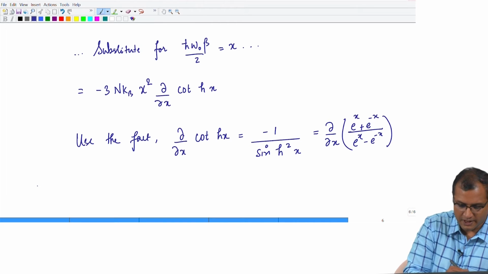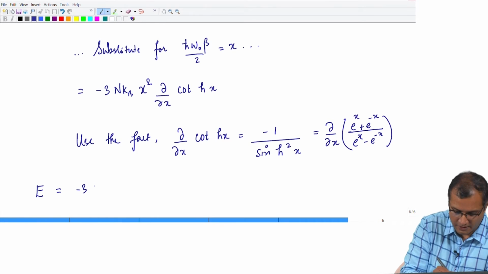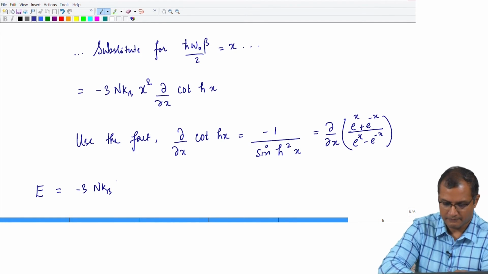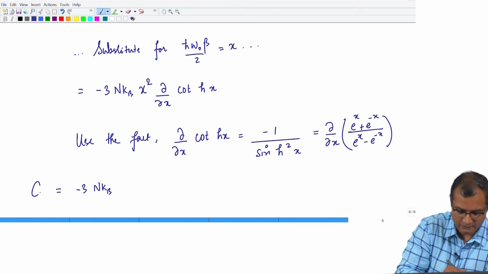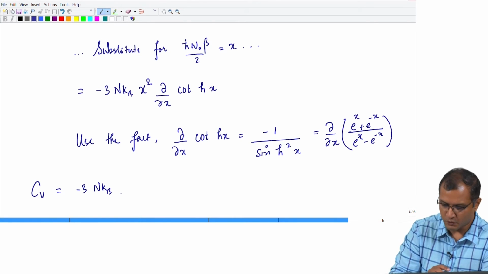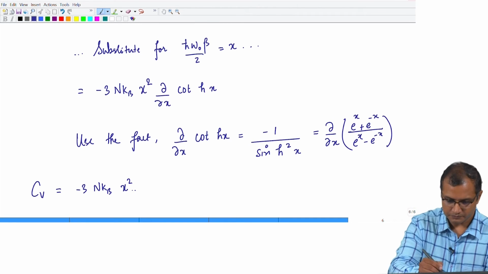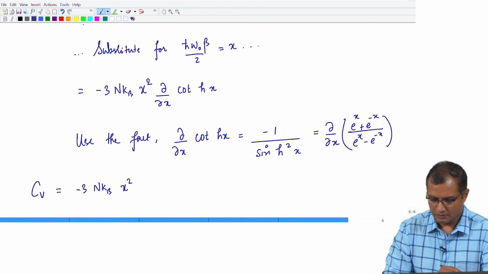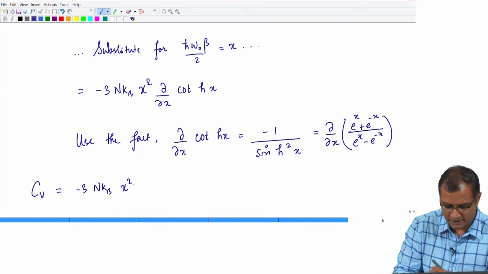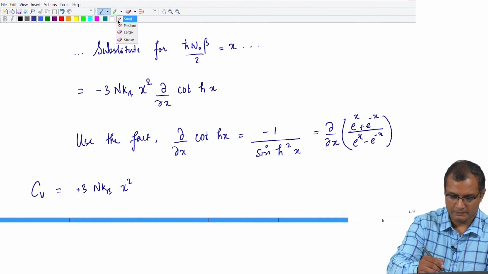So, I am going to just write down my internal energy as minus 3nk_B. Yeah, this is heat capacity, I am sorry, it is already taken derivative. It's minus 3nk_B into x square into minus 1 by sinh square x.